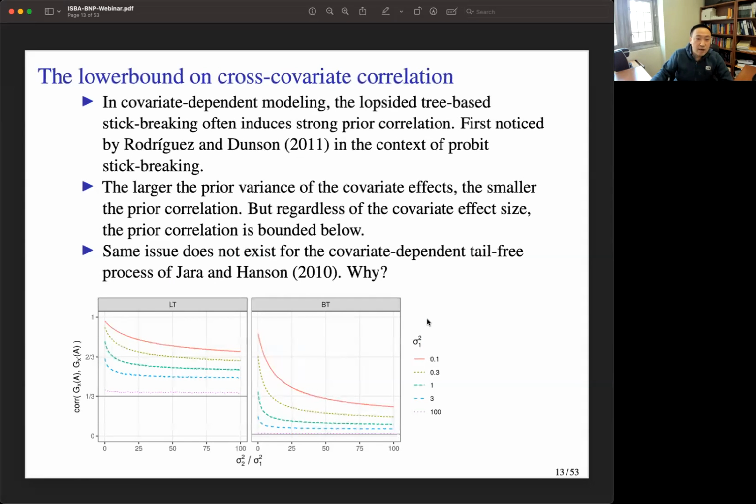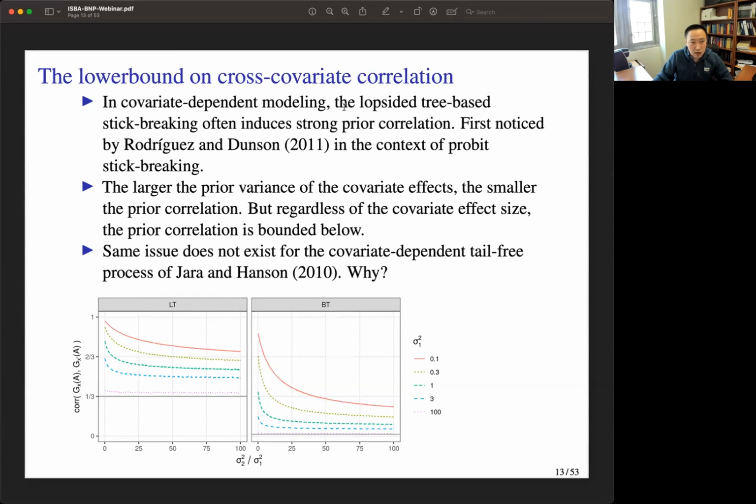So I come back to the previous phenomenon that I mentioned, the cross-covariate correlation. This was first noted by Abel and David in their 2011 paper, I think in the Bayesian analysis.